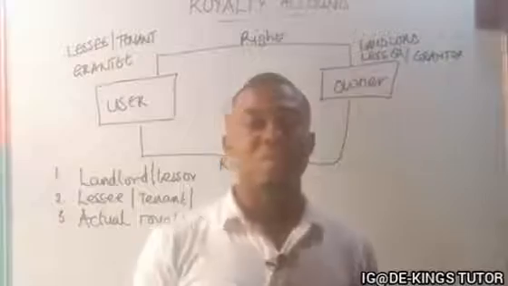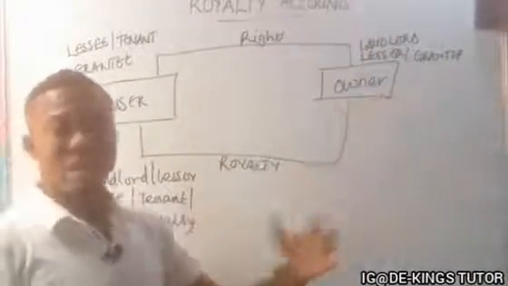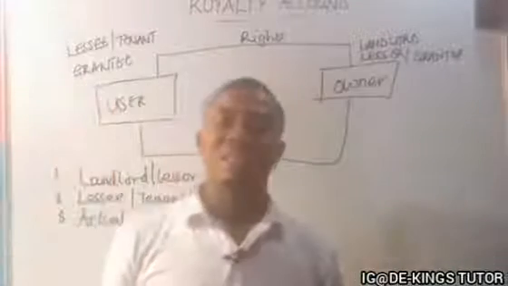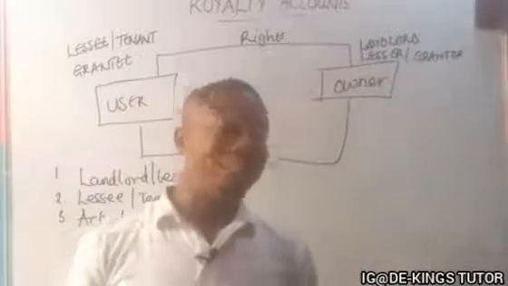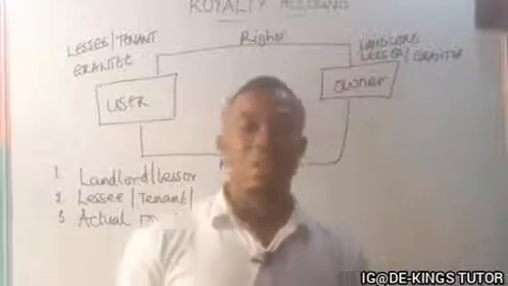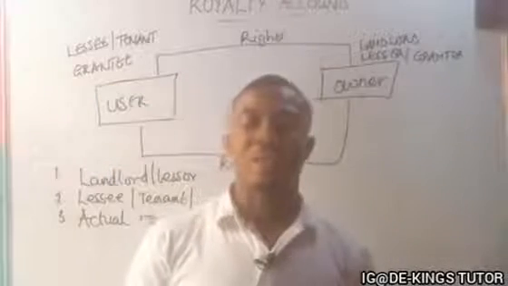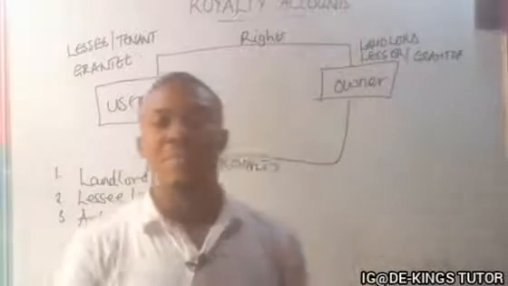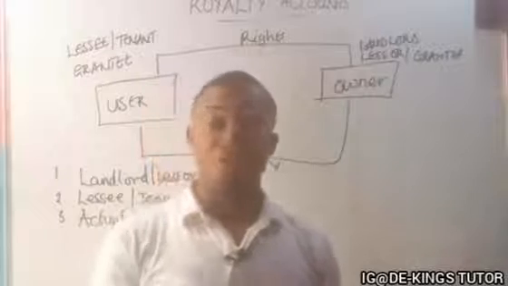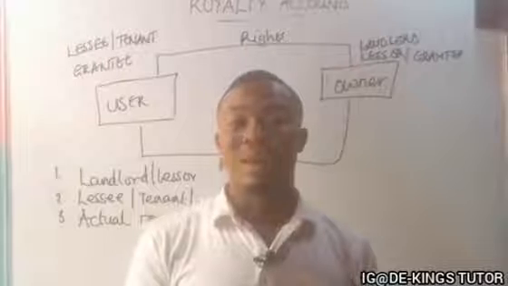Now, for instance, if the owner has a plot of land which he is leasing out to the user, which is the lessee, to make use of, they might come to an agreement and say, okay, for a specified period of time, if you're making production or sales, that is the two ways in which an output can come out.